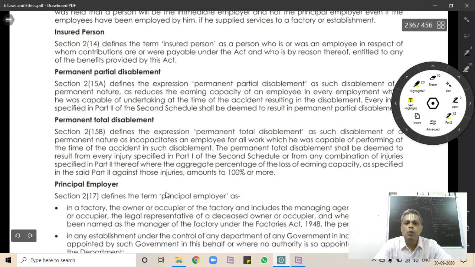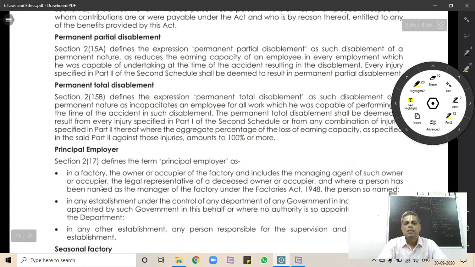What is permanent total disablement? Section 2, subsection 15B defines a permanent total disablement. Such disablement, which is permanent in nature and incapacitates an employee for all work which he was capable of performing at the time of accident in such disablement.